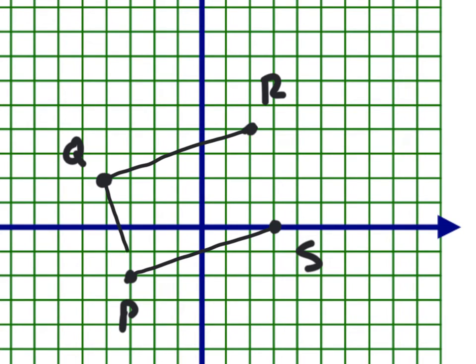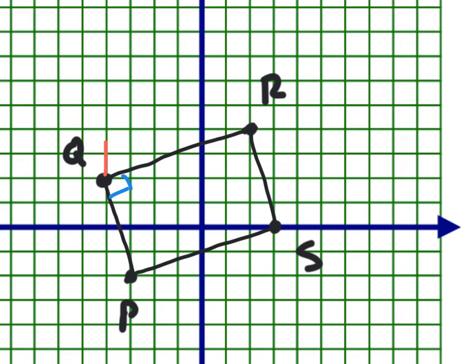What we want to figure out is, is this a rectangle? The one thing I want to do here is determine the slopes of these lines. I want to figure out, are these perpendicular?